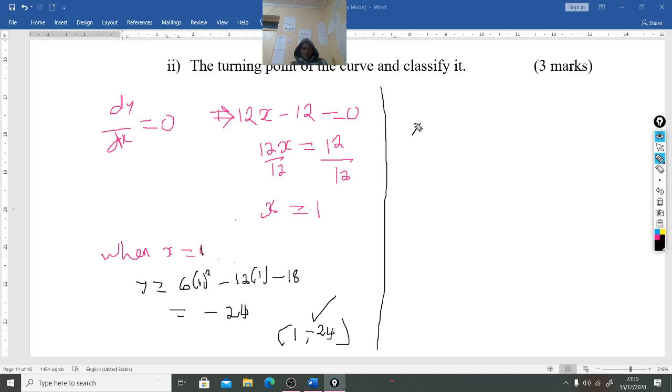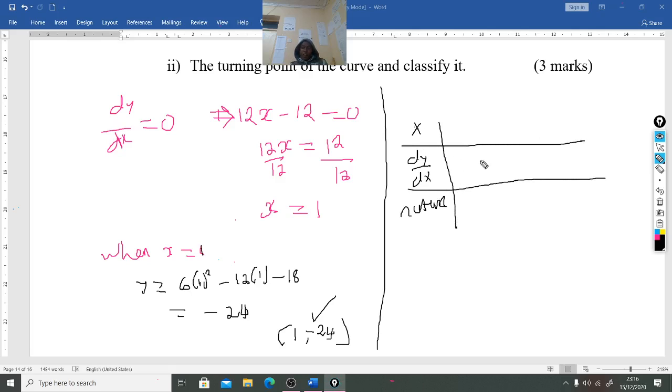So we shall have a table with the value of x, and then we also have dy over dx. In this case, we have only one point. Then we have the nature here. If this is your table, remember the value of x is 1.